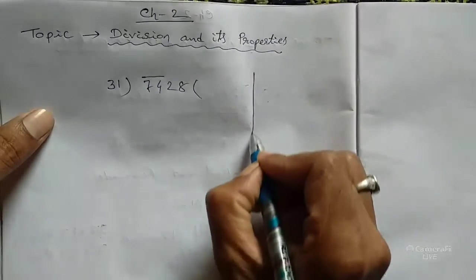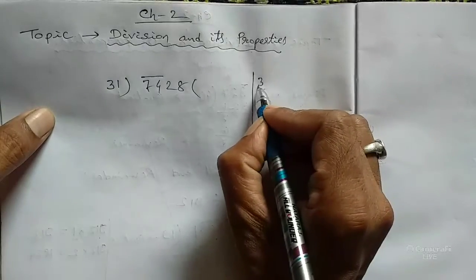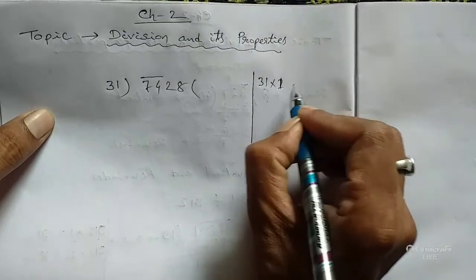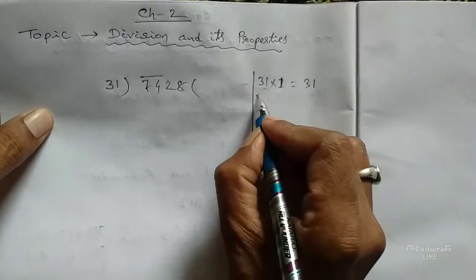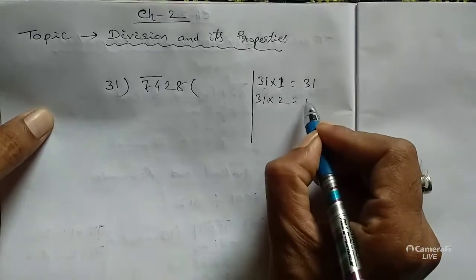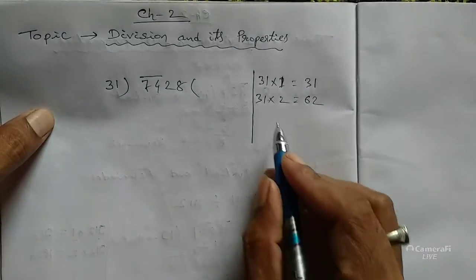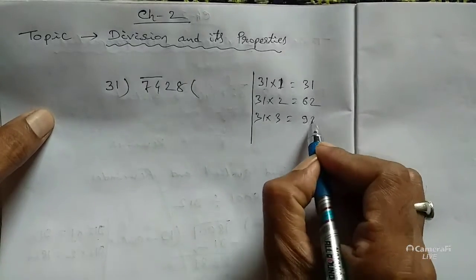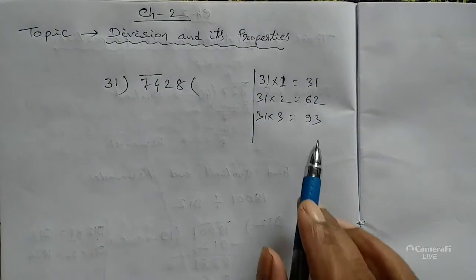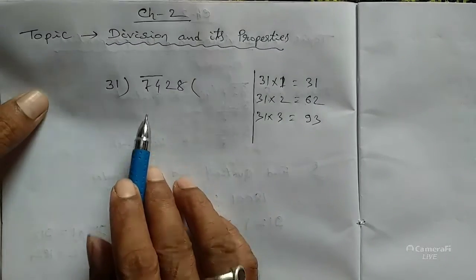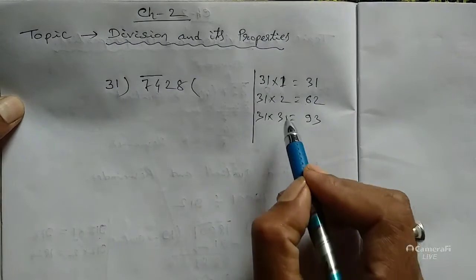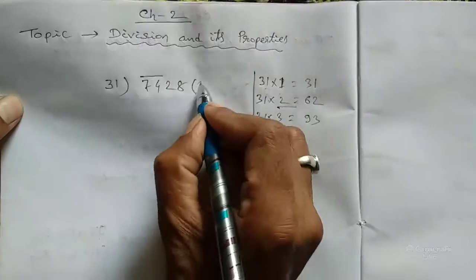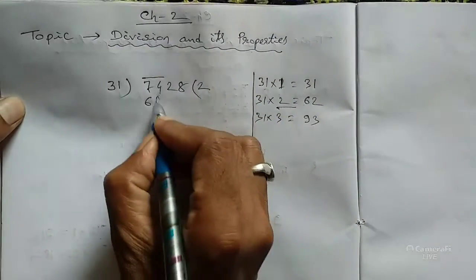So now if we prepare the table, 31 into 1 equals 31, 31 into 2 is 62, 31 into 3 is 93, but 93 is more than 74, so we will take 2, 31 twos are 62.